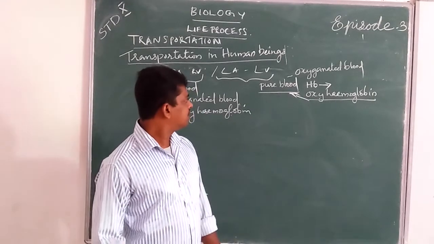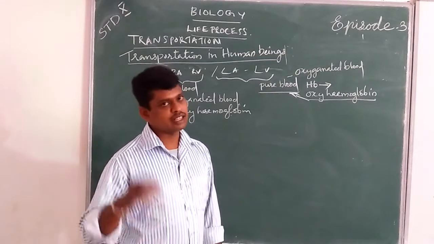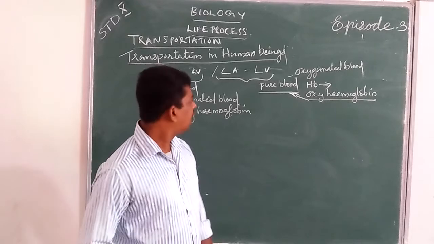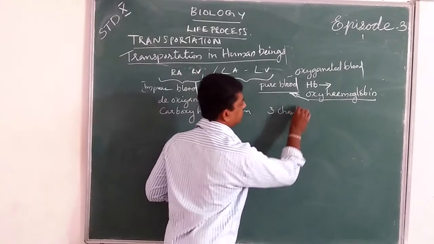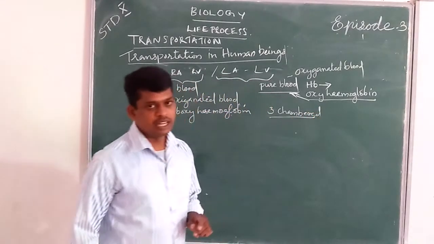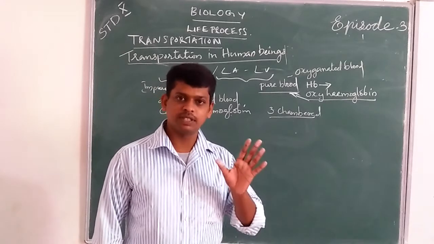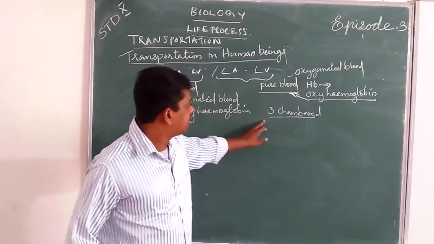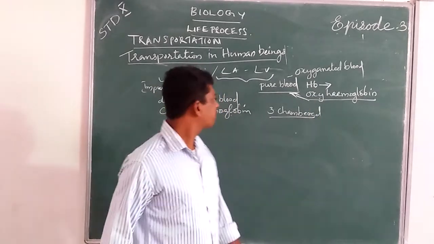Then some organisms, birds and some reptiles, except crocodiles, have a 3-chambered heart: 2 auricles and 1 ventricle system.